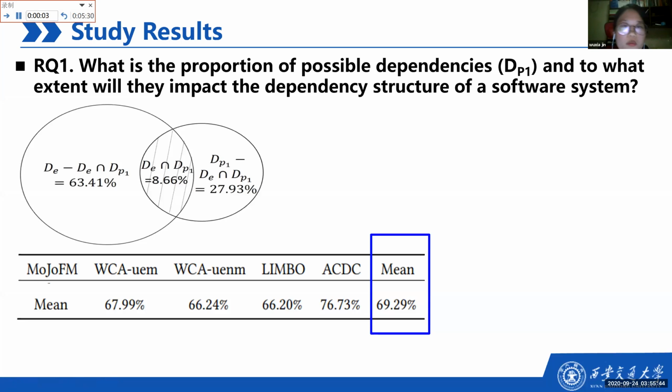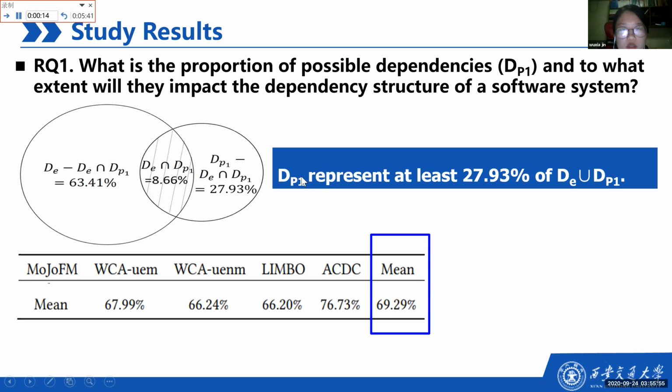First, what's the proportion of possible dependencies, and to what extent will they impact the dependency structure? Our statistics show that possible dependencies, that is DP1, represent at least 28% of DE. It means possible dependency represents a significant proportion.